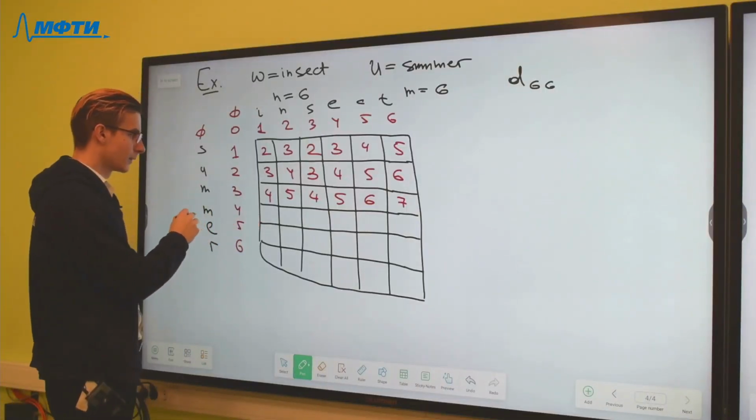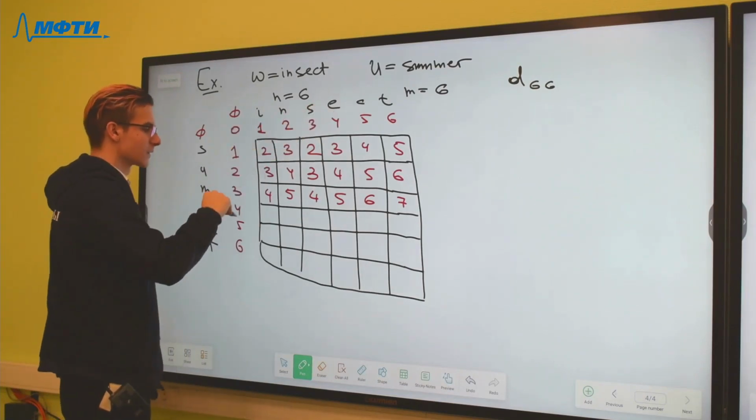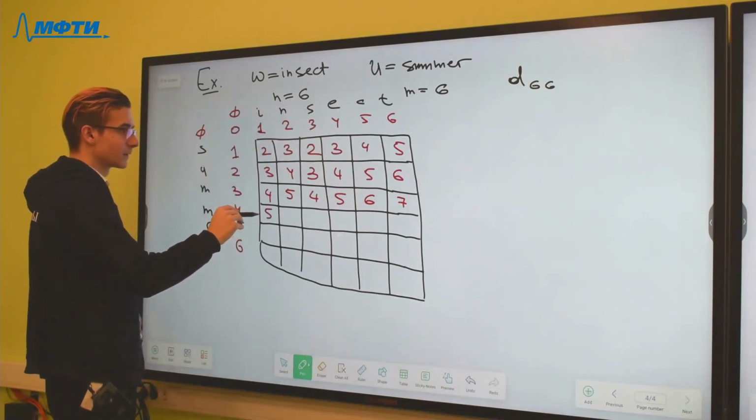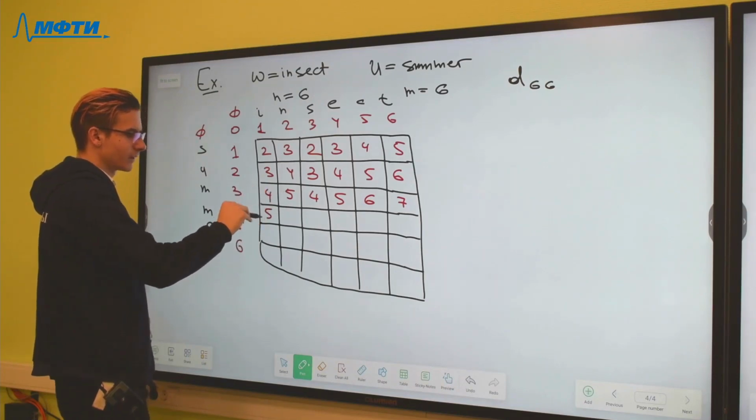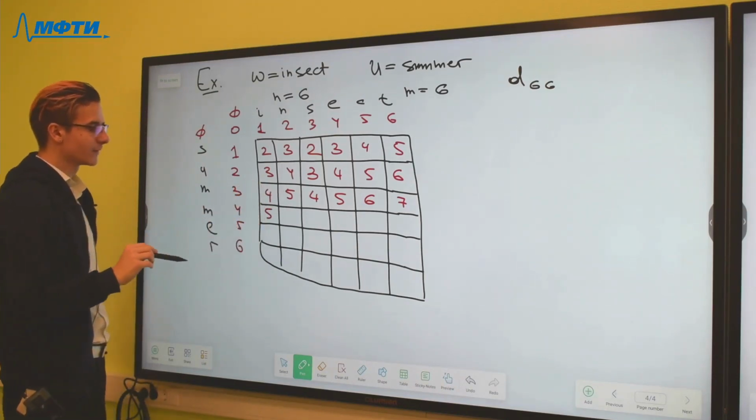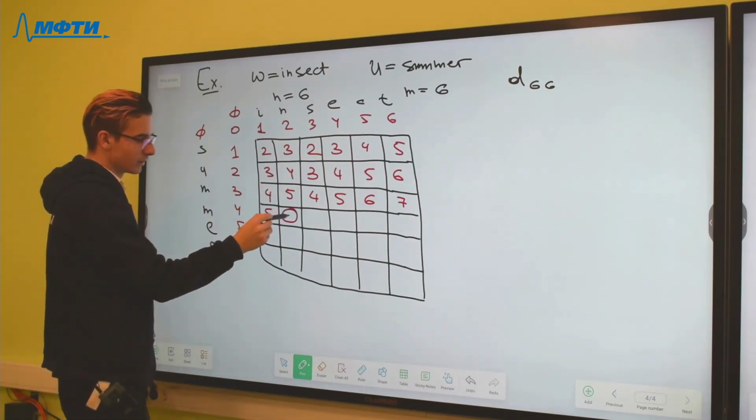Then for M we compare this, we see that they're different. So we find the minimum of these to find the number here.